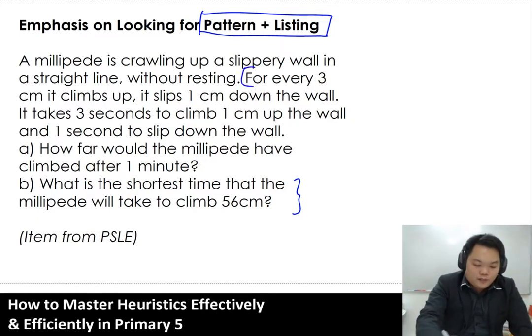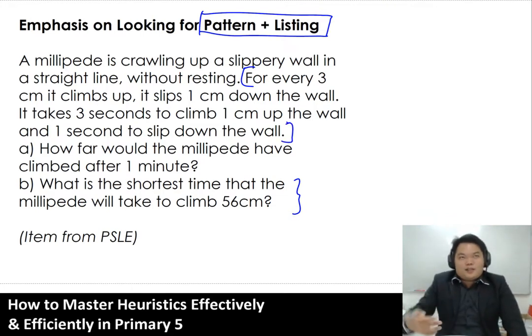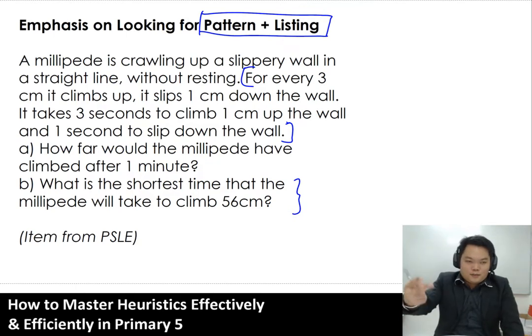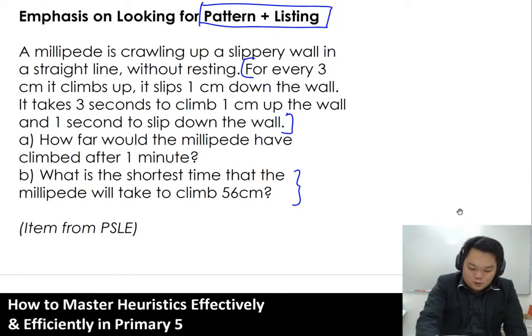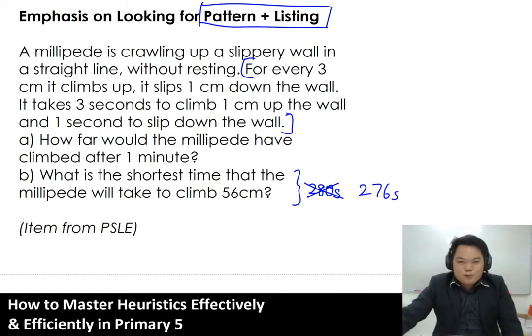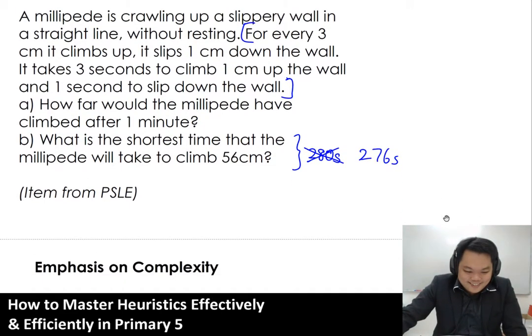For every 3 cm that it climbs up, it slips 1 cm down the wall. So it has to be grouped up as such. So every time, effectively in one set, it climbs up 2 cm. What is the time taken? But part B is not that straightforward. Okay, if you thought that the answer is 280 seconds, no, it's not. It's 276 seconds. I'll leave you to find out why.